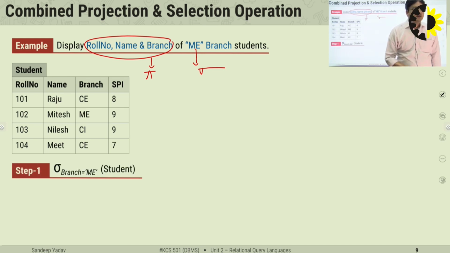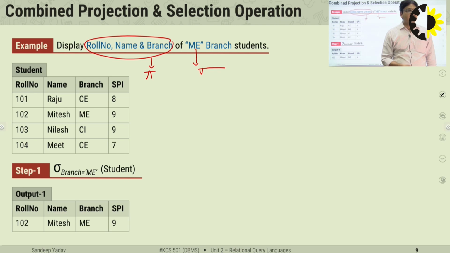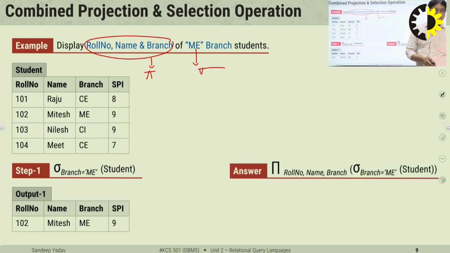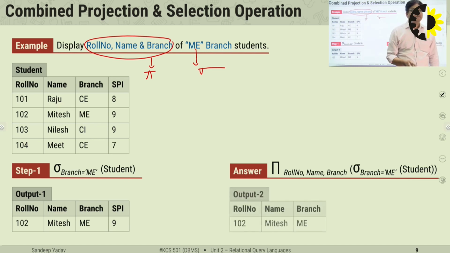Step 1, first we will specify the condition that branch equal to ME, that is this one. Second, we need to specify what attributes we require, that is pi, roll number, name and branch. Condition is branch equal to ME, and thereafter we shall write the relation name, that is student.